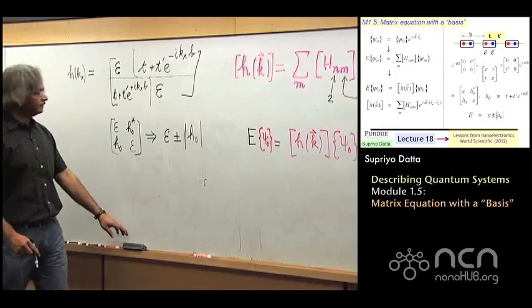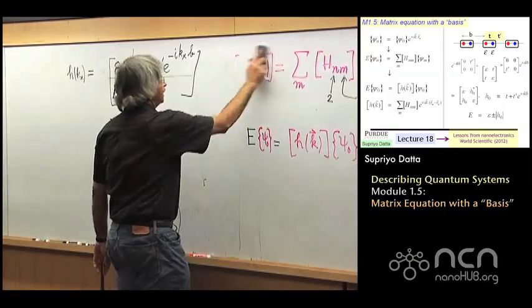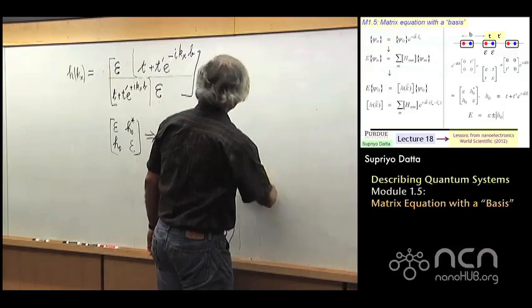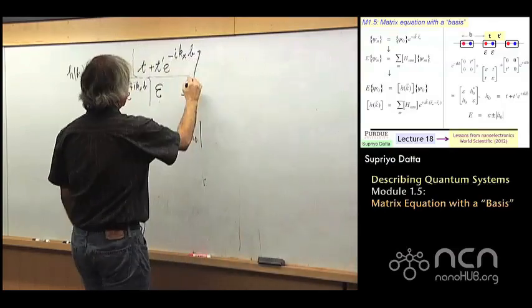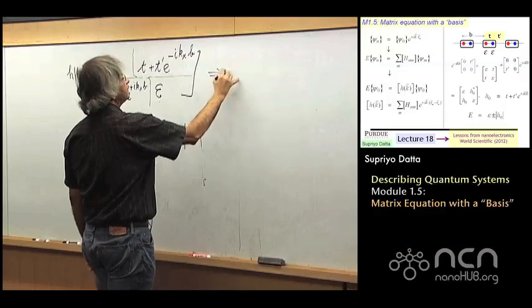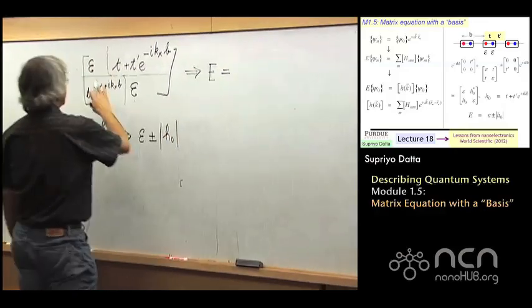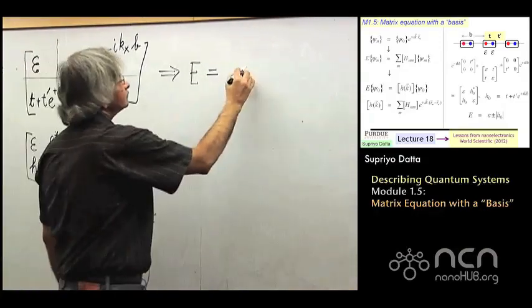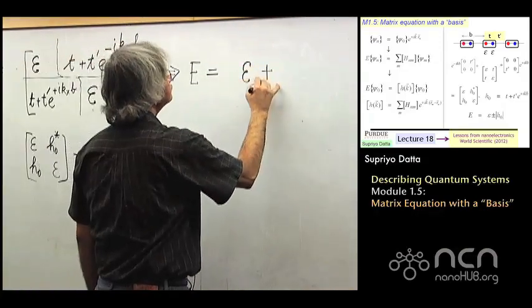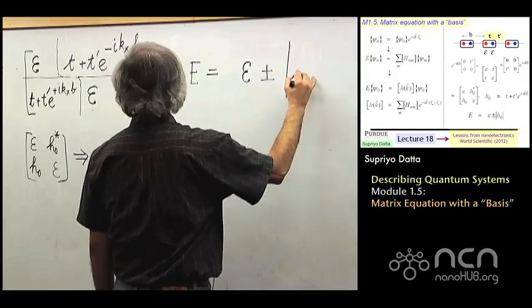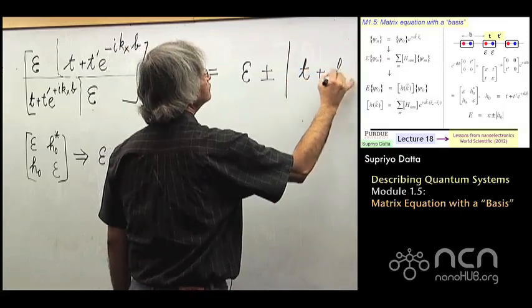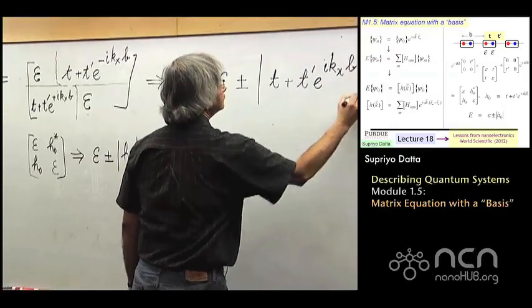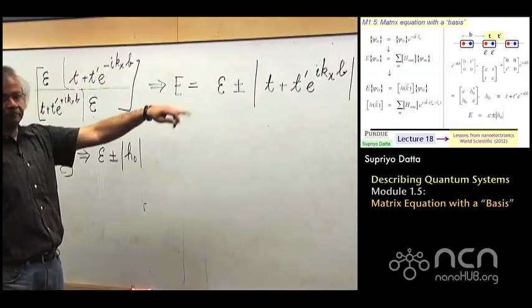So in this case then, you could write the eigenvalues of this as epsilon plus minus magnitude of that complex quantity.